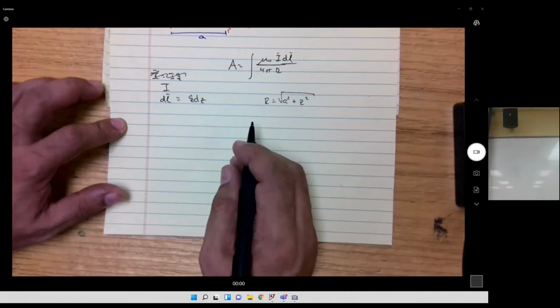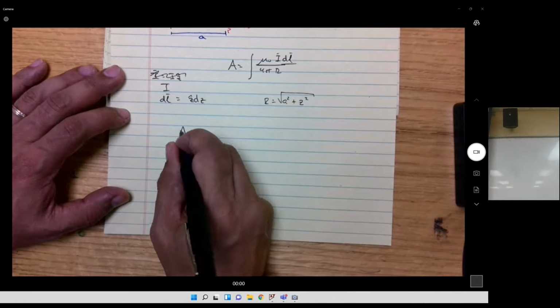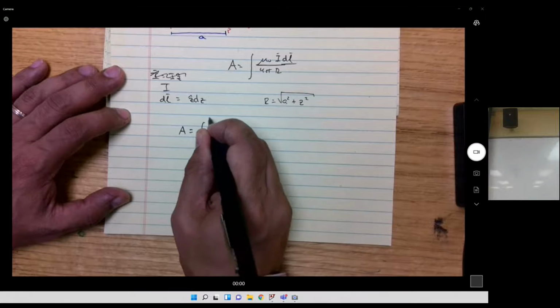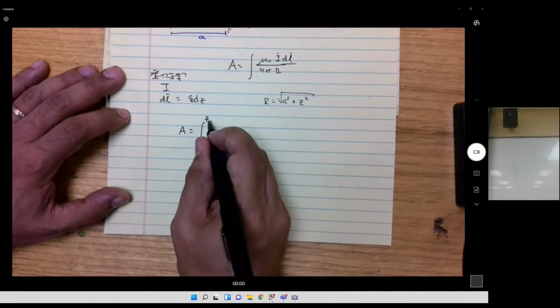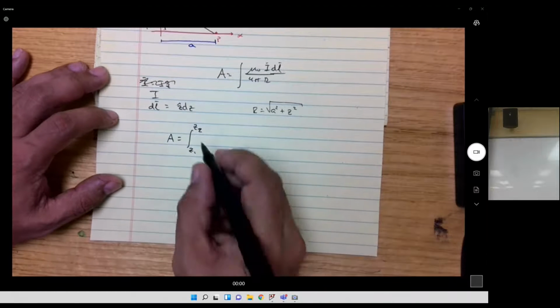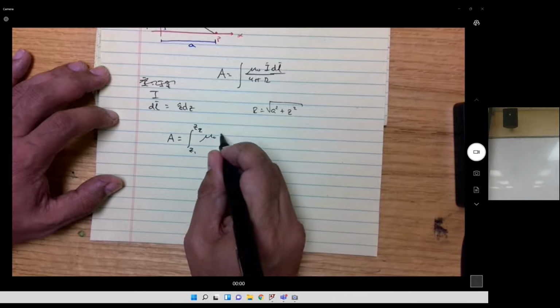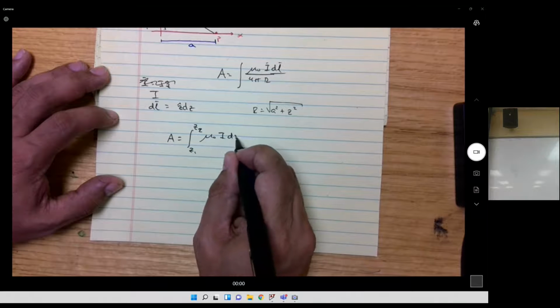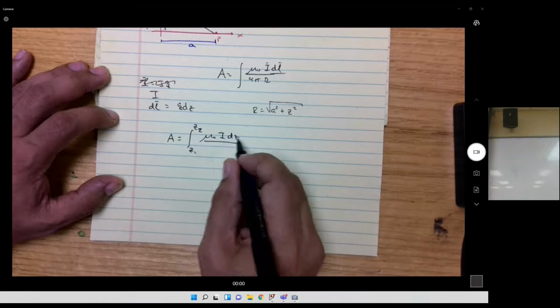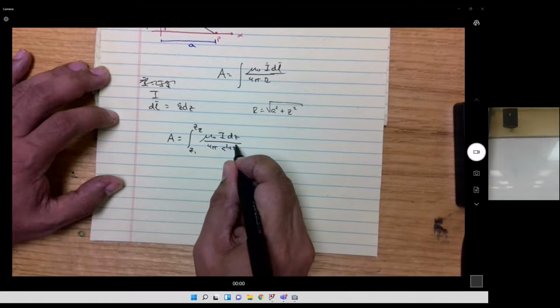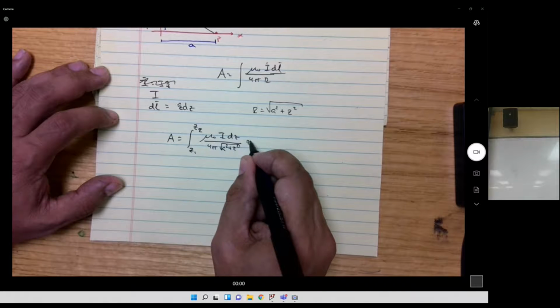Okay, so from here I can calculate A. There's going to be an integral. It's going to be a line integral, and it's going to go along the length of my wire, from point 1 to point 2. I'm going to have mu naught I dz over 4 pi square root of a squared plus z squared, all that in the z direction.